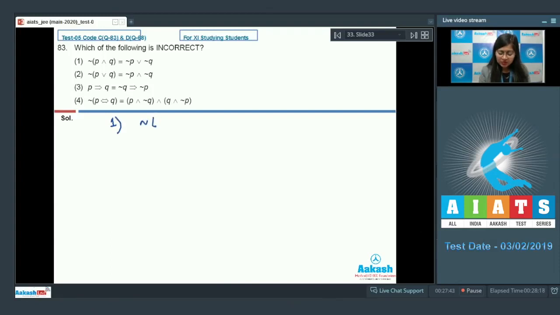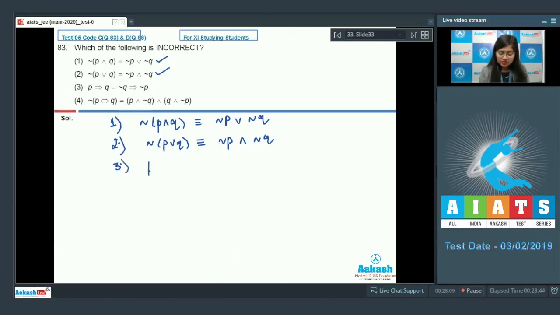So the first option says negation of (P and Q). This can be written as negation P or negation Q. So this is correct. Let's go to the second option, that is negation of (P or Q). This can be written as negation P and negation Q. So this option is also correct.